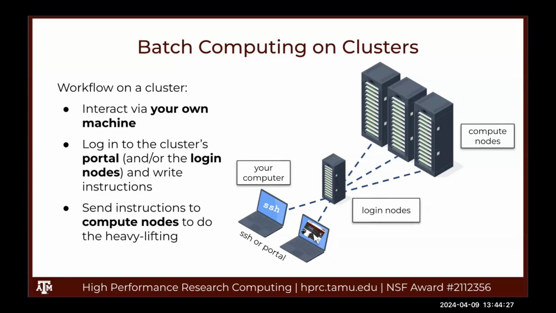I'll get into some examples here, but you can refer to the HPRC short courses on the queuing system and the HPRC introductory courses to learn how to use the queuing system and other systems hosted by HPRC.